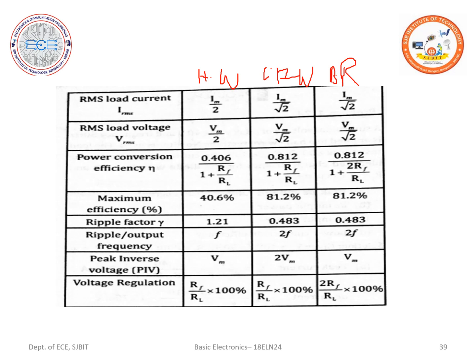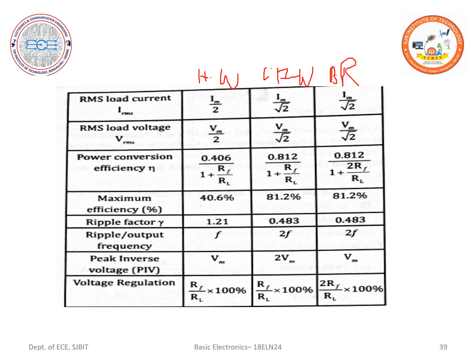The substitution of 2RF is very well shown for this expression. So this is what you have to do whenever you are deriving the expression for bridge wave rectifiers, right? So substitution of 2RF wherever you find the RF values. So the efficiency is also the same when you compare the center tap full wave rectifier with the bridge wave rectifier.